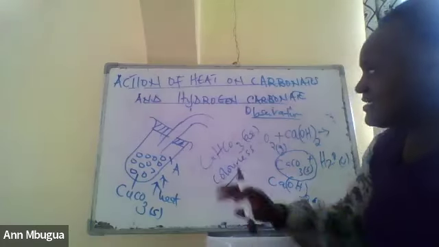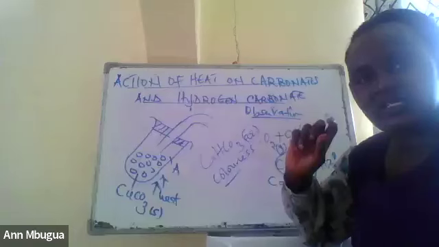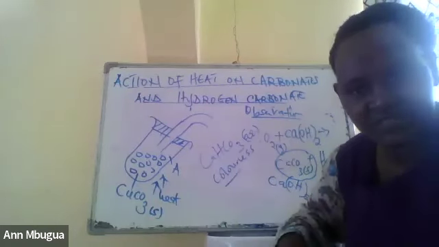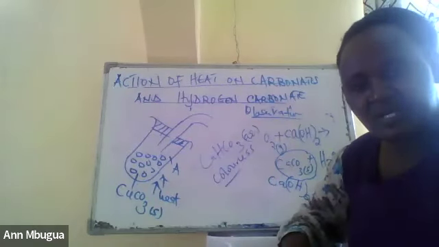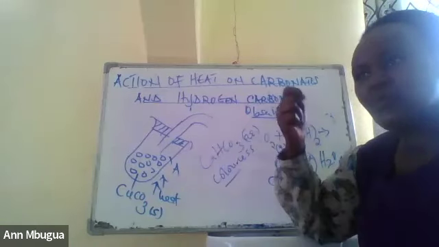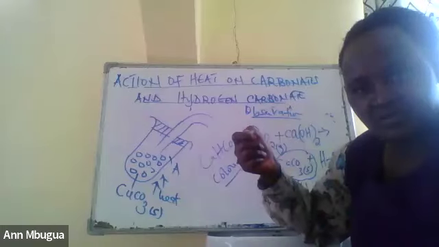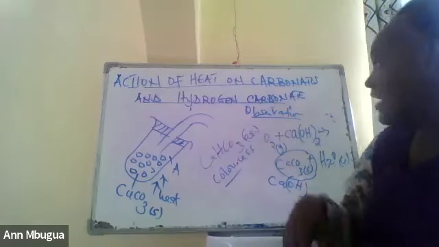There is a carbonate that I've not mentioned here. The one I've talked about is about the metal carbonates. But when we were introducing the carbonates, we said they can be from a metal or ammonium ion.